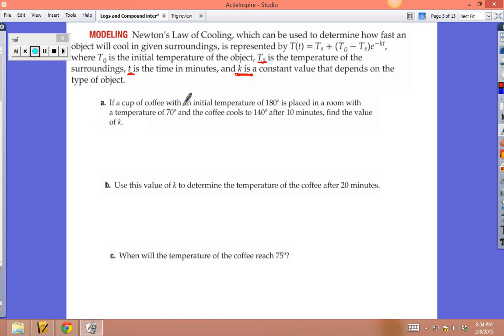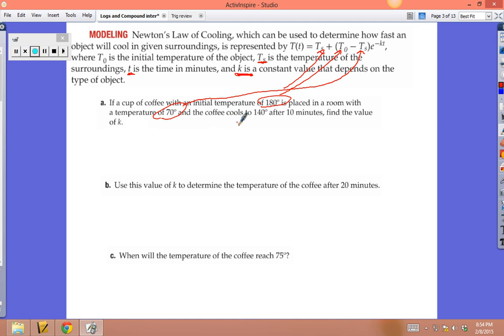If you've got a cup of coffee that has an initial temperature of 180, so that 180 is going to go right there, placed in a room with a temperature of 70 degrees. 70 degrees is the temperature of the surroundings. So that's going to go there.